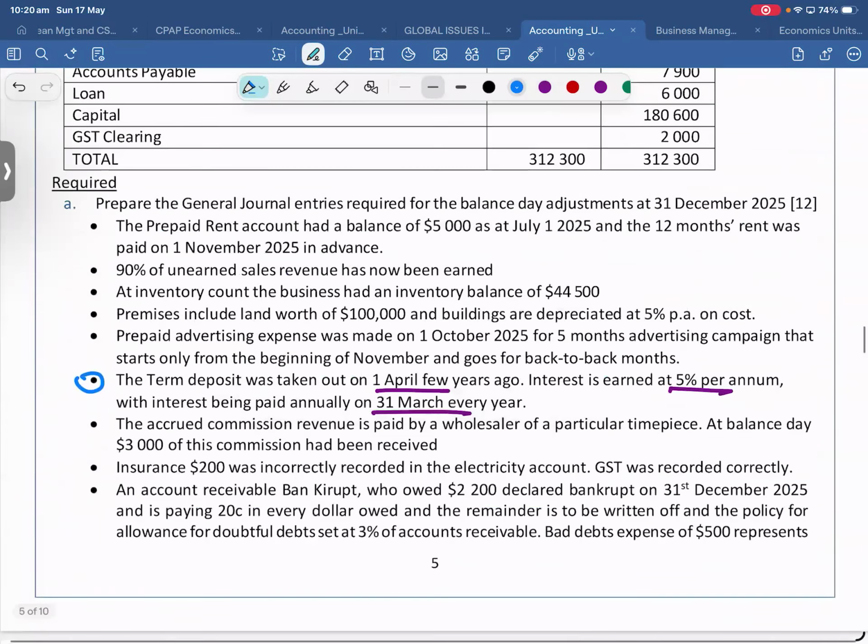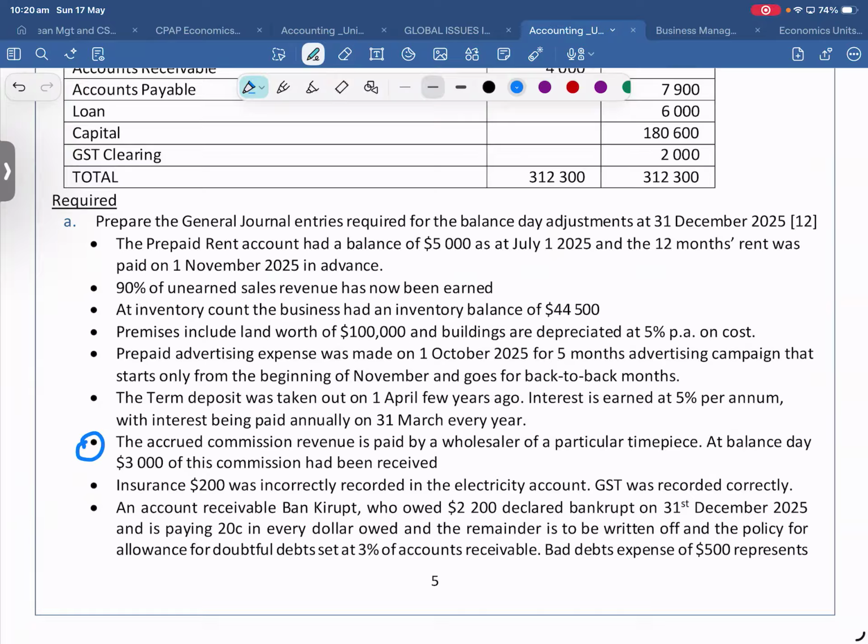Third last, guys. Accrued commission revenue. Accrued commission had been received, 3,000. I'm sorry.